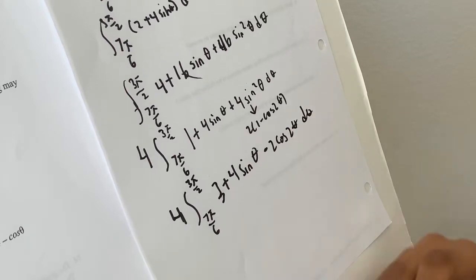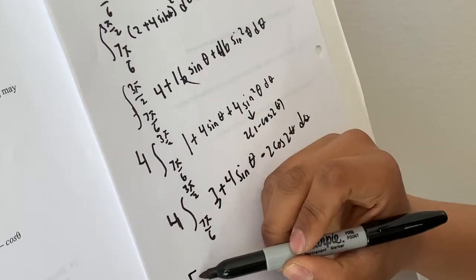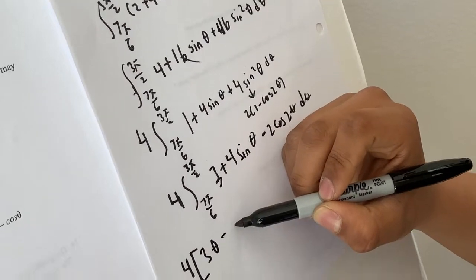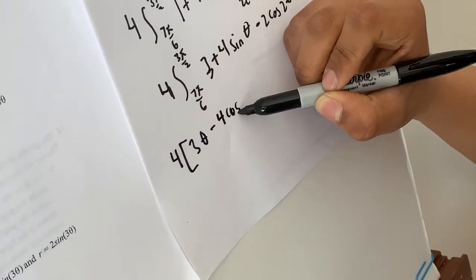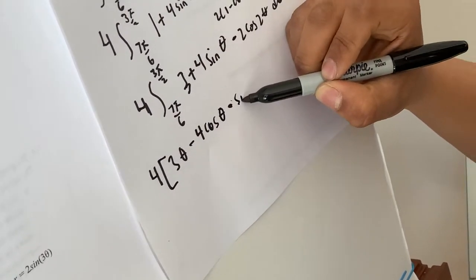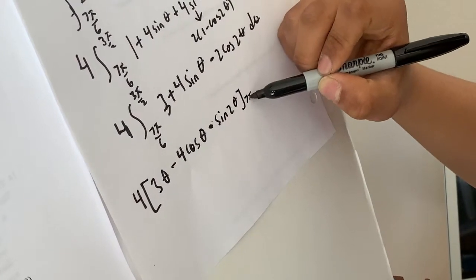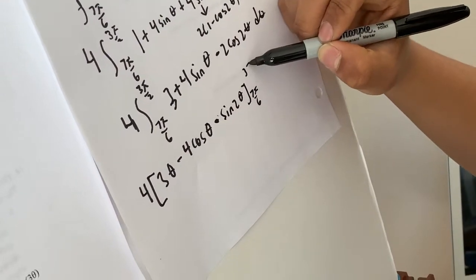Next, to evaluate the integral, we're going to do 4 times 3 theta minus 4 cosine theta minus sine 2 theta from 7 pi over 6 to 3 pi over 2.